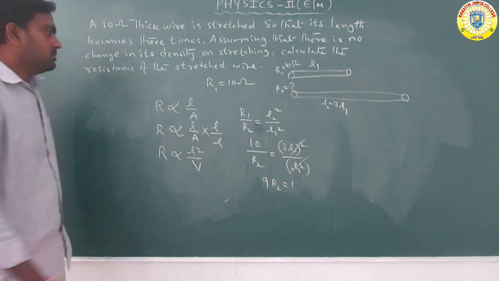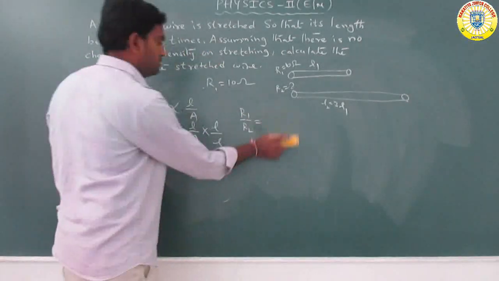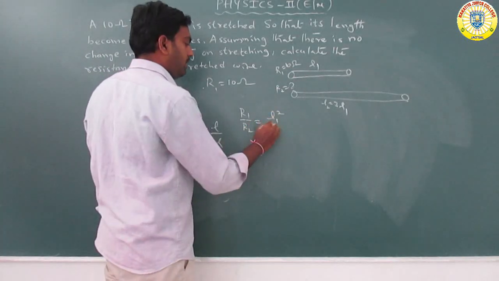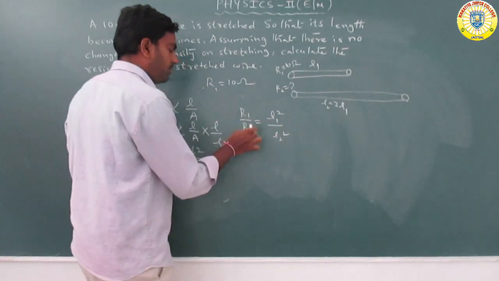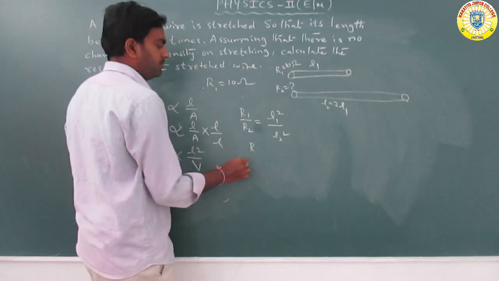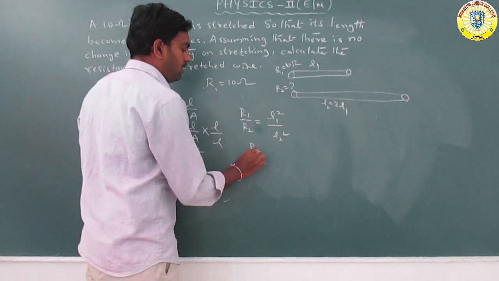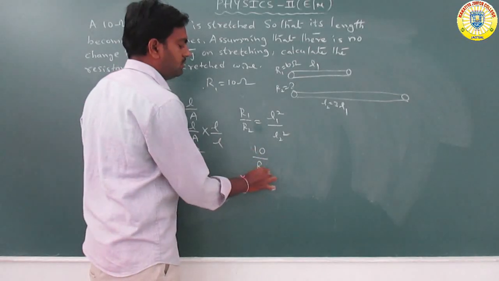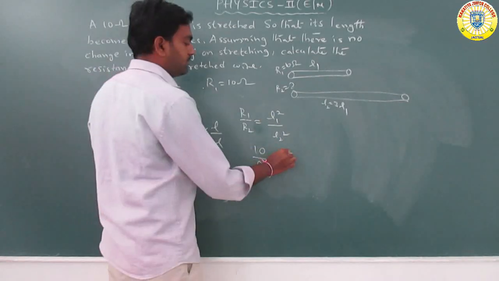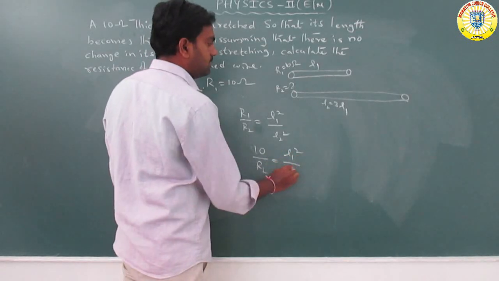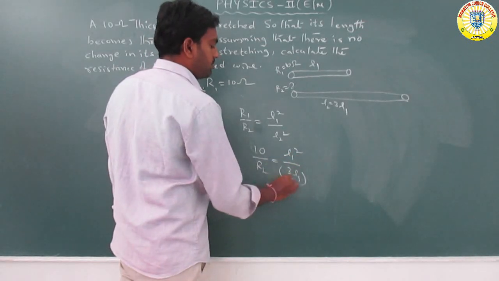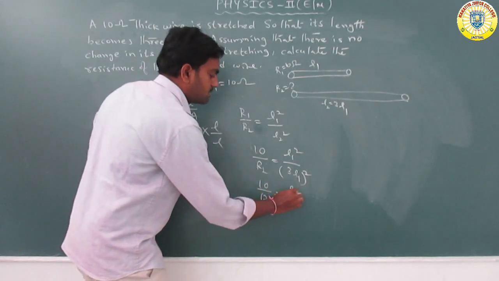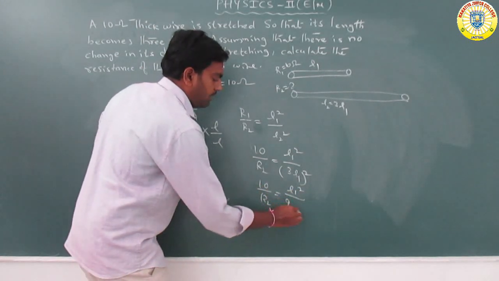So 10 by R2 is equal to L1 square by 9 L1 square.